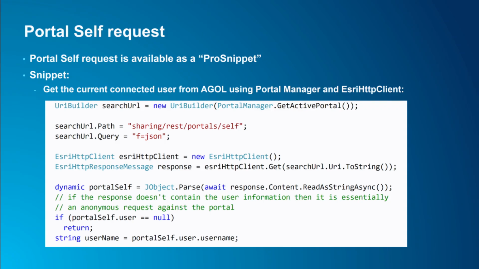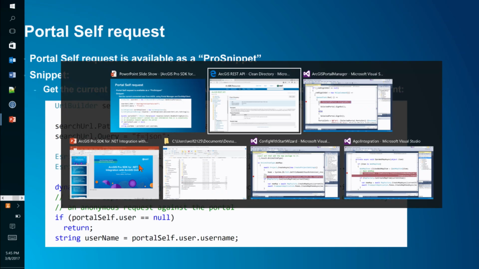Many of our samples are available as snippets or samples. And we have a set of Pro snippets that we provide for these types of requests. So the portal self request, for example, is available as a Pro snippet. When you look at our help, let me go to the internet real quick.